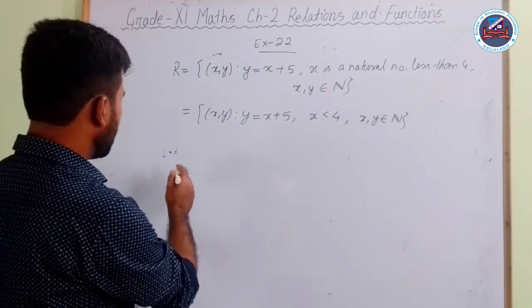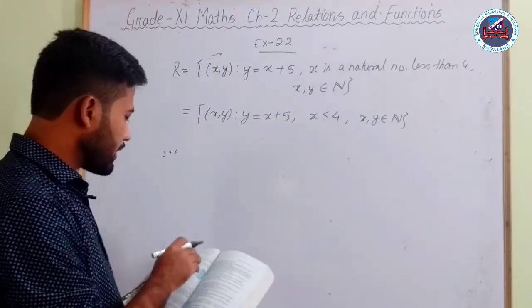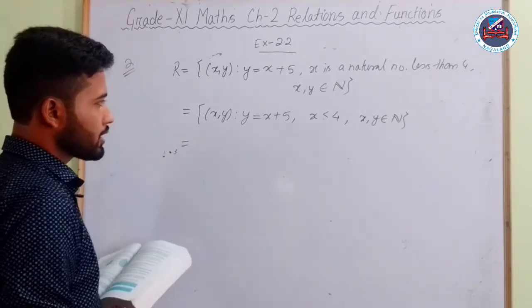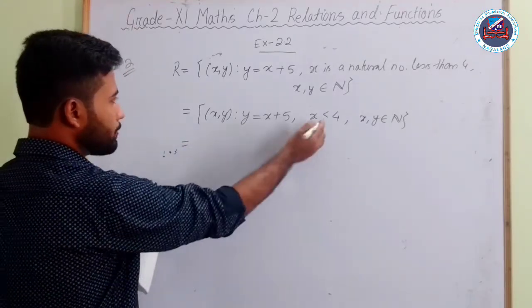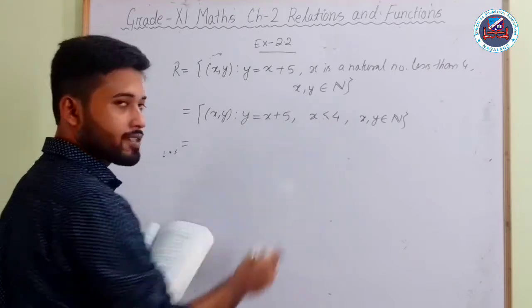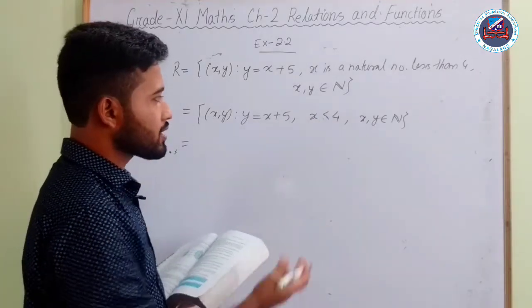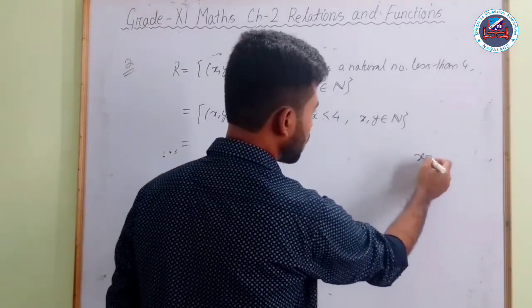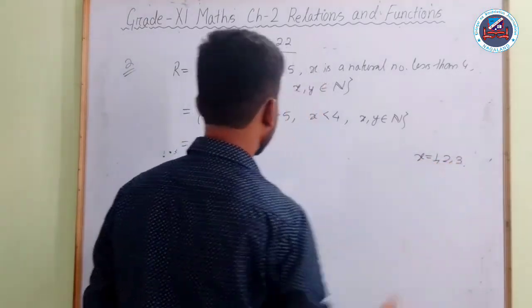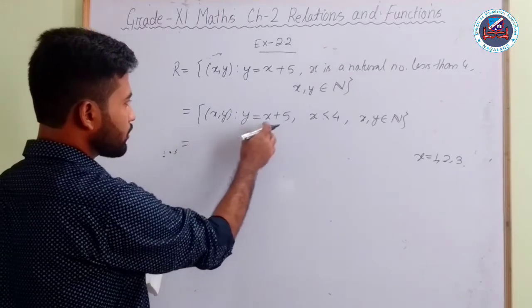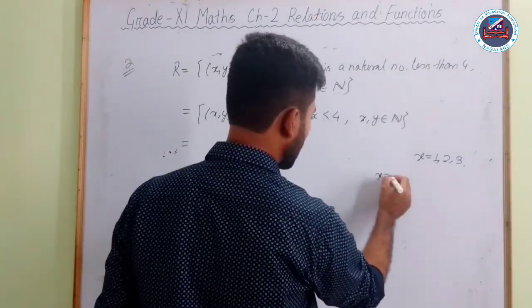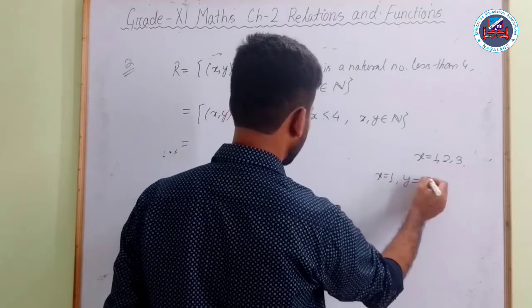Now the question is to depict this relation using roster form. If our values of x are less than 4, that means our natural numbers start from 1, isn't it? So we shall have the values x equal to only 1, 2 and 3. If we put x equal to 1, what shall we have for y? For x equal to 1, we shall have y equal to 6.